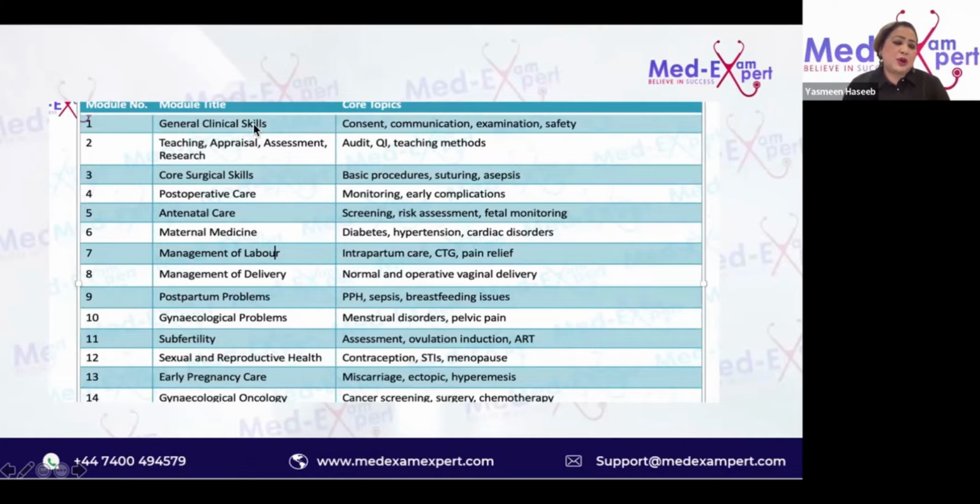The college has divided Part 2 as well as Part 3 into different modules, and you have to master all of these key and core topics in order to sit the Part 2 exam.